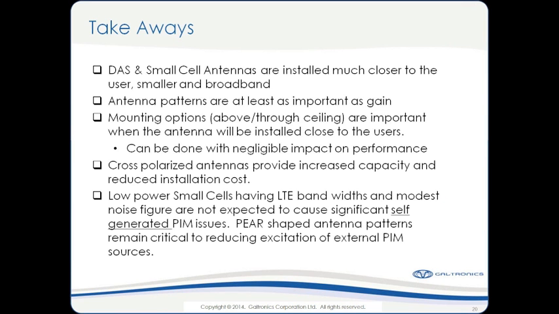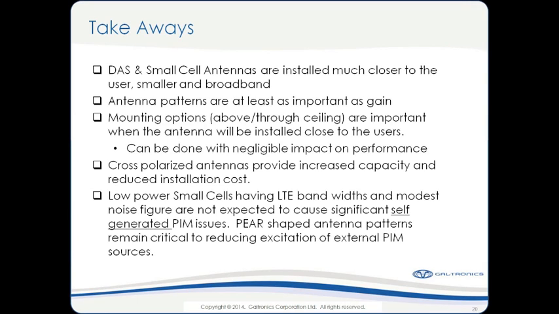So summary, just to follow up here, DAS and small cell antennas are installed much closer to the user. That means they need to be physically smaller, but at the same time they need to accommodate more and more bandwidth. That has an impact on VSWR and also the shape of the antenna patterns.